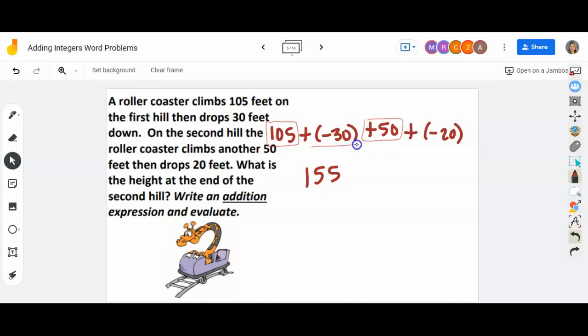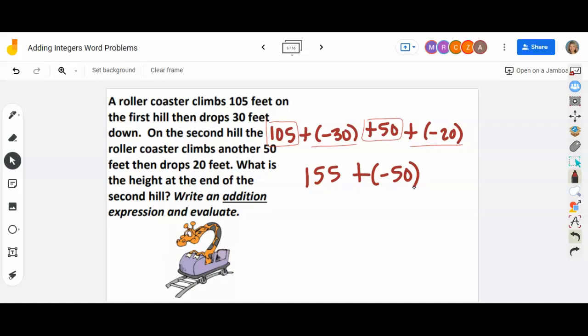And negative 30 plus negative 20, the signs are the same. We know that 30 plus 20 is 50. So that's plus negative 50. So we can go ahead and add like signs. That way it's shorter steps instead of working left to right. If you understand it better working left to right, that's fine.